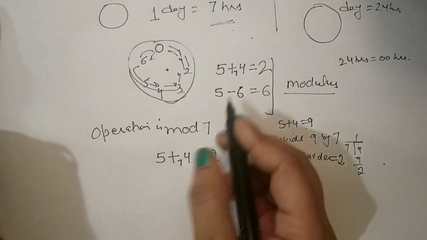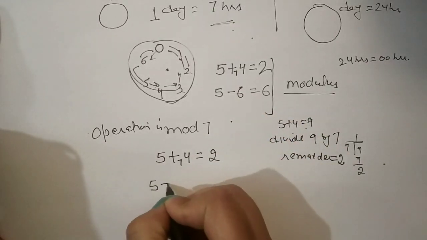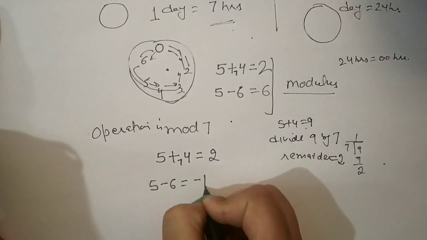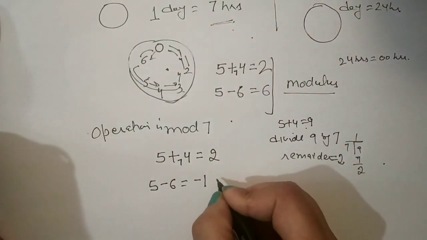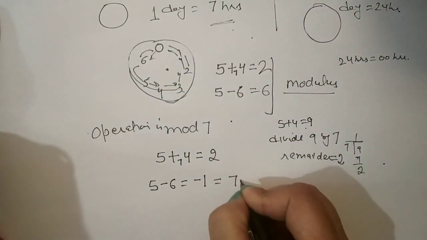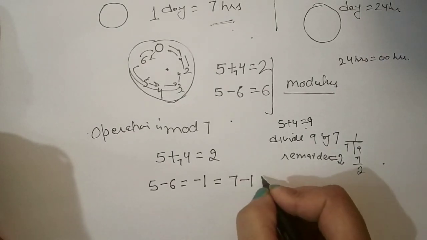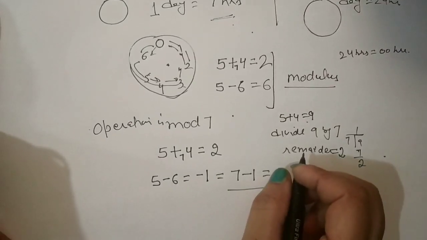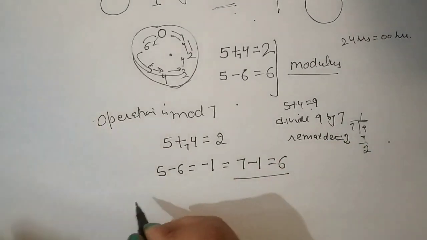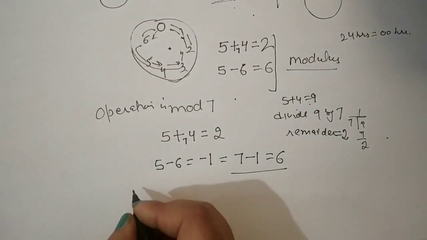When you subtract two numbers, the result can be a negative number, but we don't have negative numbers on this clock. So what we do is add 7 to that negative number and the answer is obtained like this. This is not very difficult, but it is a little bit abstract.